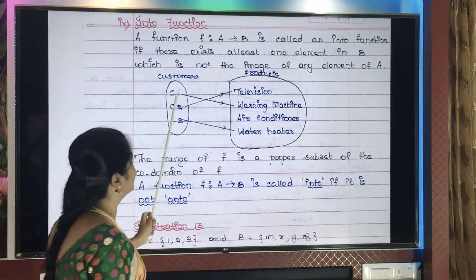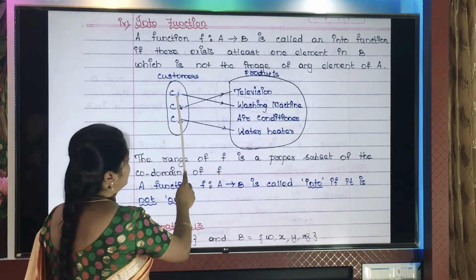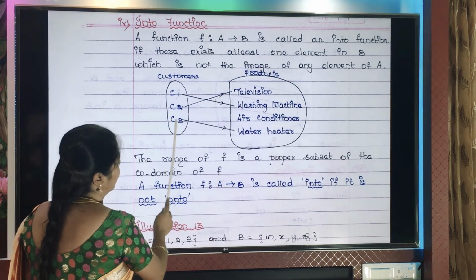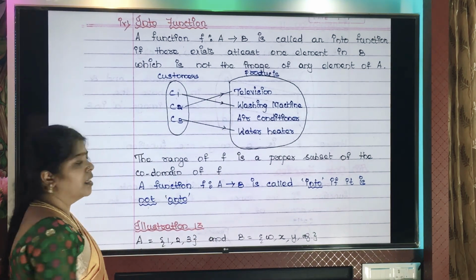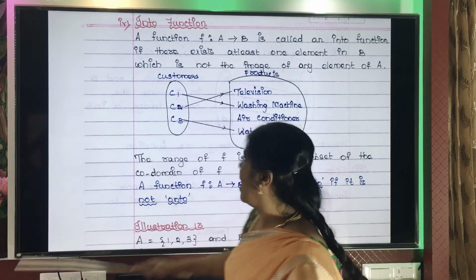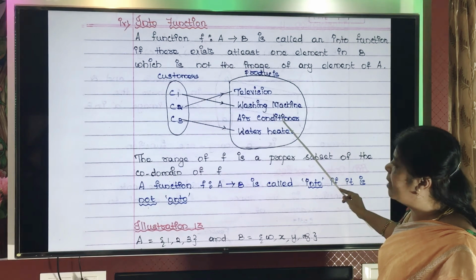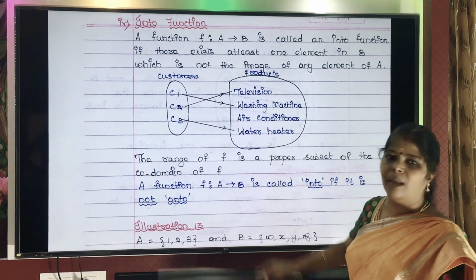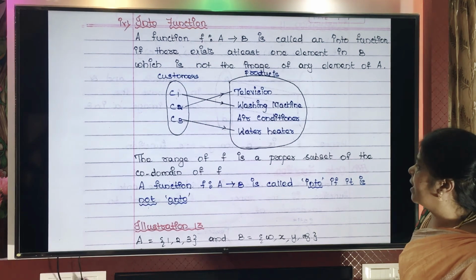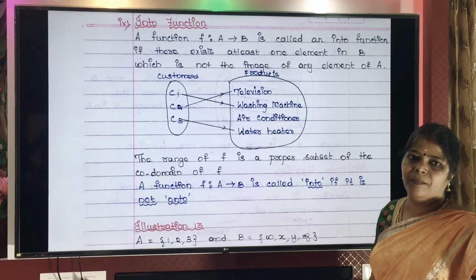Can you see here customers and products? There are three customers. First customer, washing machine. Second one, television. Third customer, water heater. For the air conditioner, there are no customers. So this air conditioner element doesn't have any pre-image. So naturally, when you say range, you will take only television, washing machine and water heater.